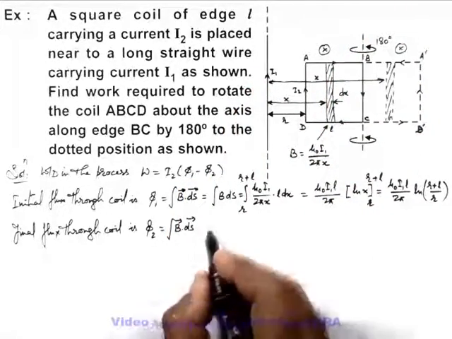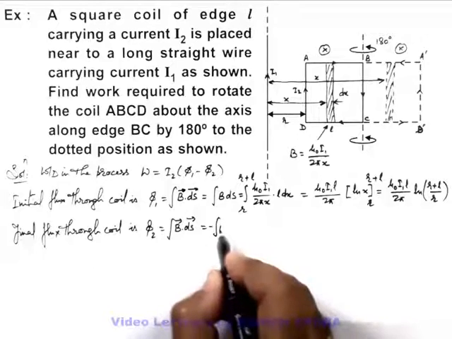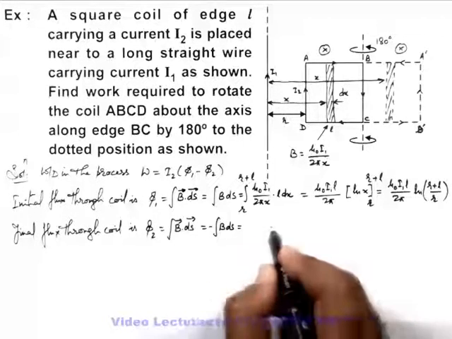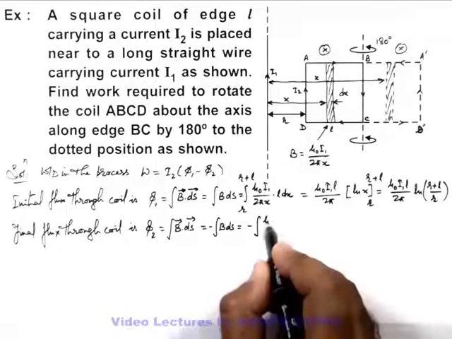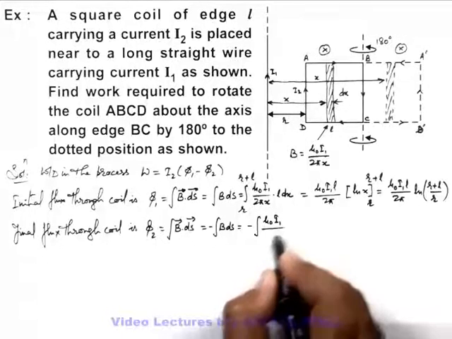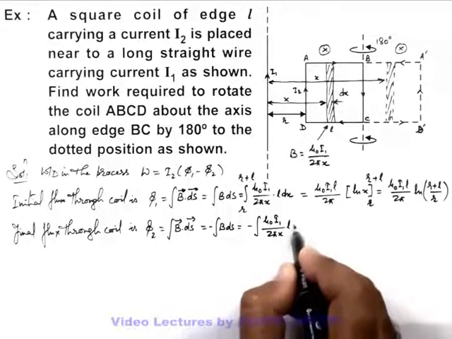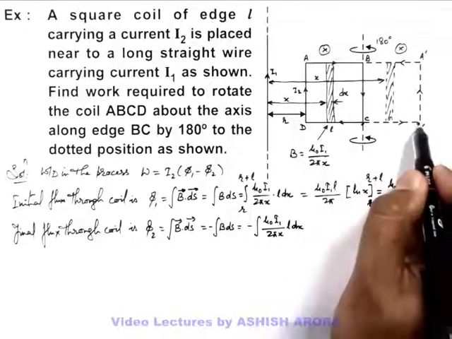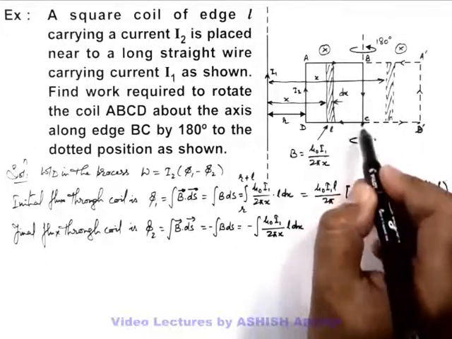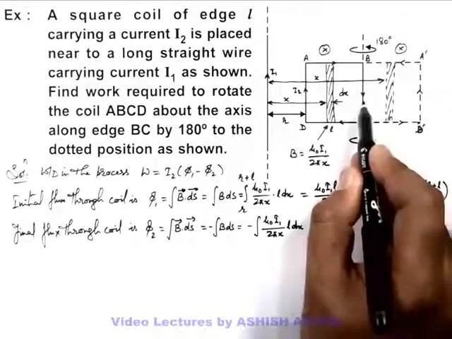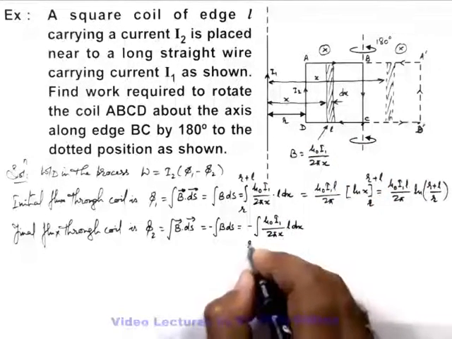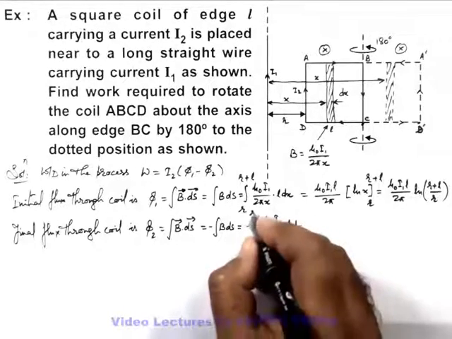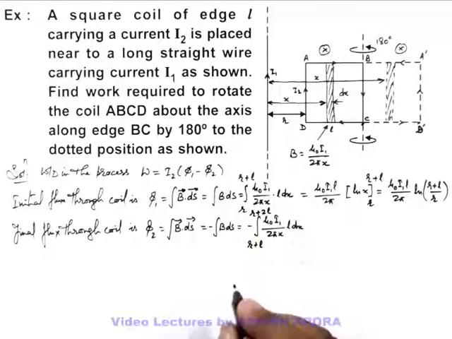So here B dot dS will be negative, and the integration of B dS is minus the integration of mu naught I1 by 2 pi x times L dx. Integration limits will be from this point to this point, so the x value will go from R plus L to R plus 2L.